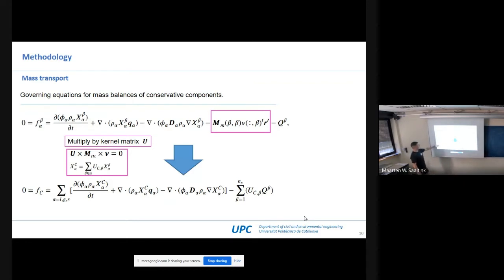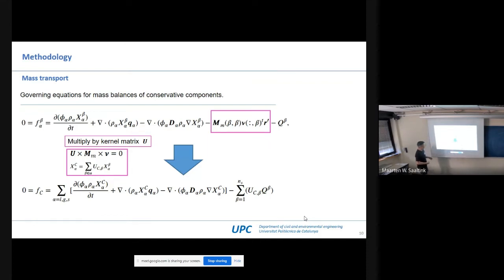So now we have changed our reactive transport equation to a purely transport equation. There is no reaction term at all in the equations. We need to solve these equations without the reaction term.